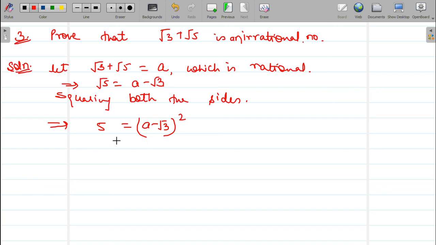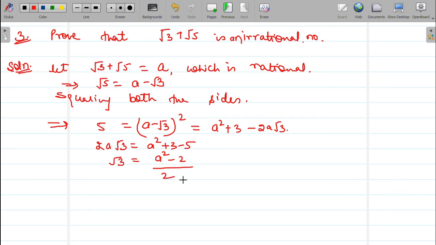We have just proved that to be irrational, but we know root 3 is also irrational with the same theoretical proof. Now if I open the whole square, it's A square plus 3 minus 2A root 3. So ultimately, if I make root 3 the subject slowly, I'll get 2A root 3 is equal to A square plus 3 minus 5. So root 3 is equal to A square minus 2 upon 2A.